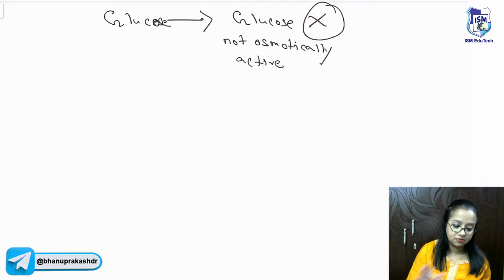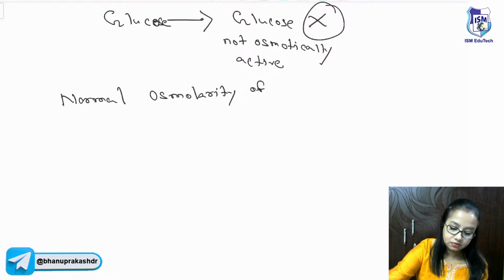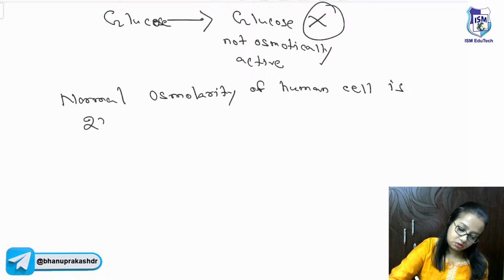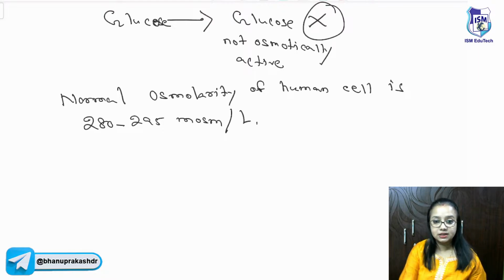like ECF and ICF, there is a certain osmolarity that is maintained. Okay, so the normal osmolarity of human cell is 280 to 295 milliosmol per liter.